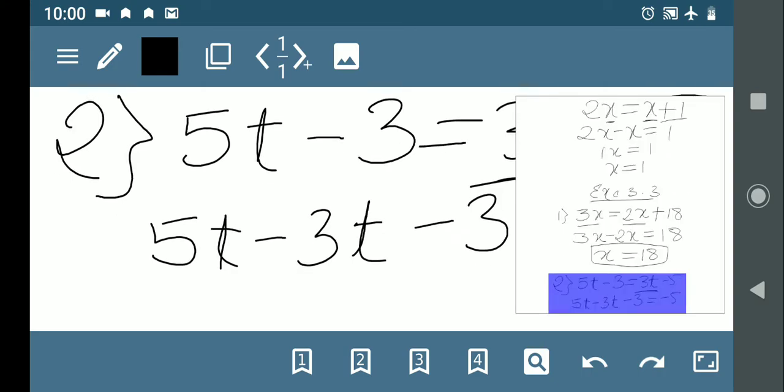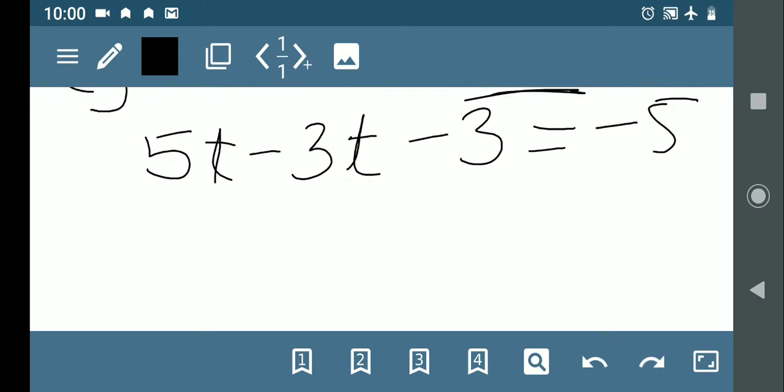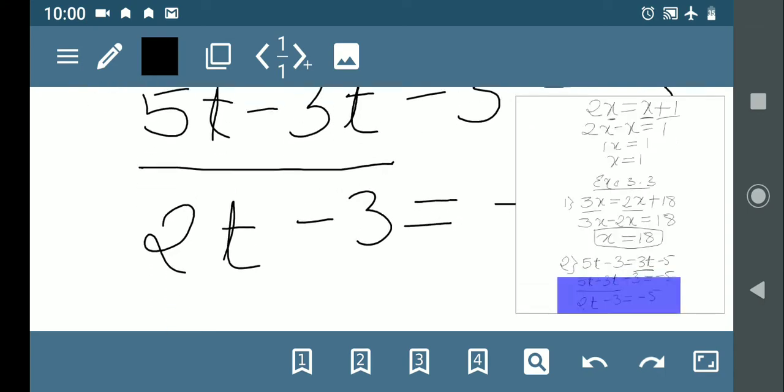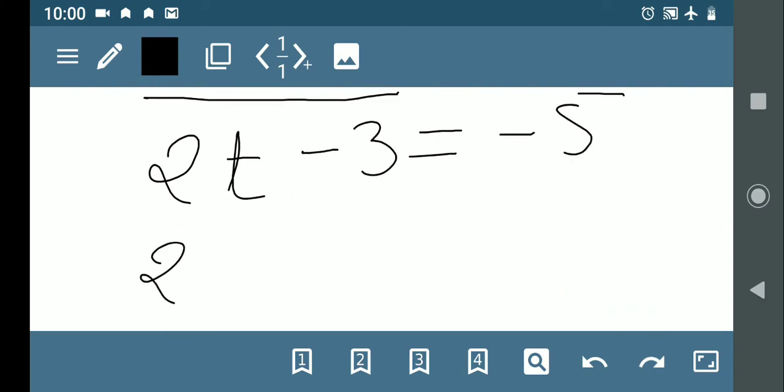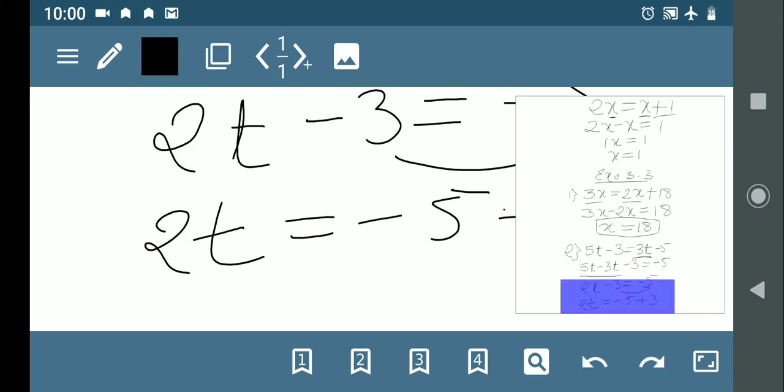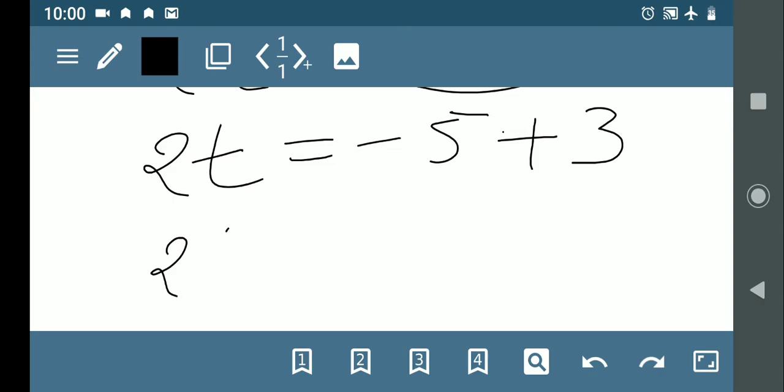In this step, we have done this. Now, 5t minus 3t is 2t minus 3 is equal to minus 5. So next, 2t minus 3, you send the constant to RHS, because we have a constant in the RHS. Minus 3 will become plus 3. So then 2t is equal to minus 5 plus 3, which is minus 2.